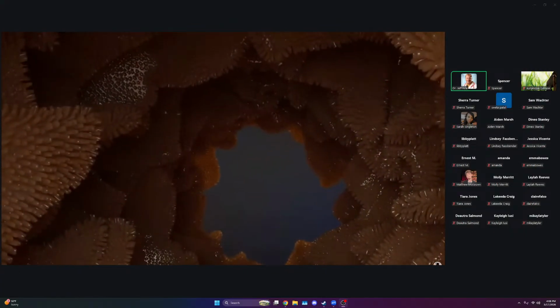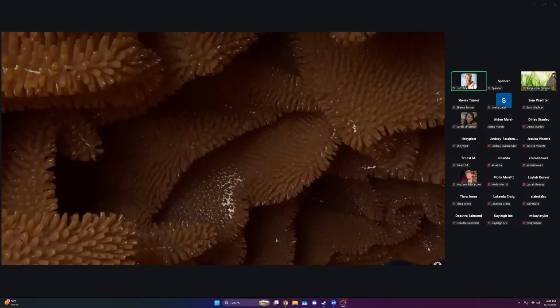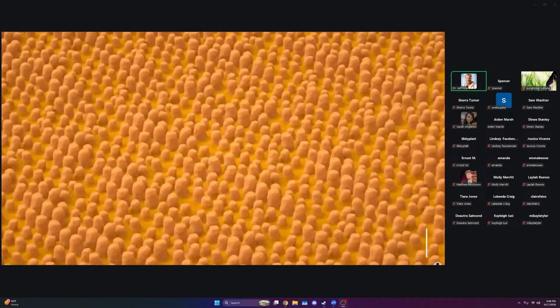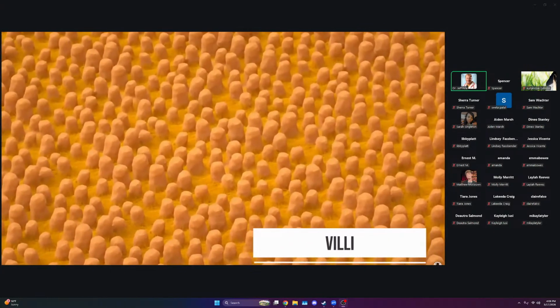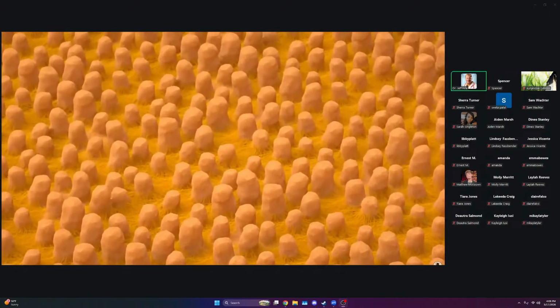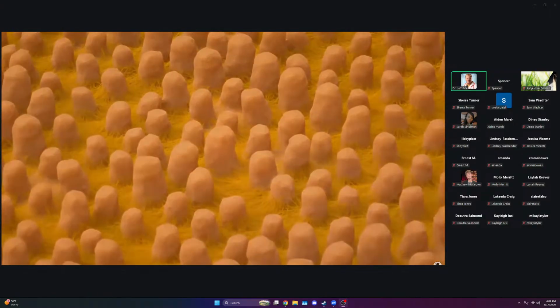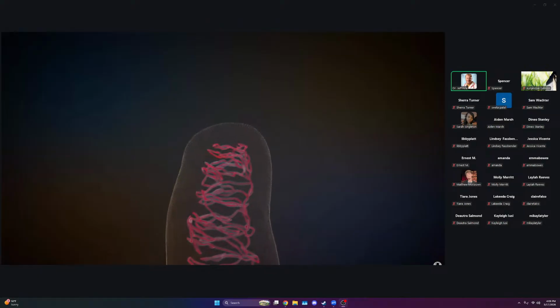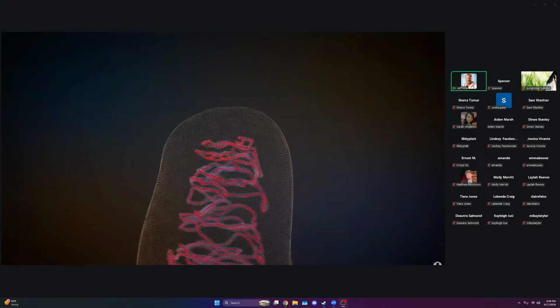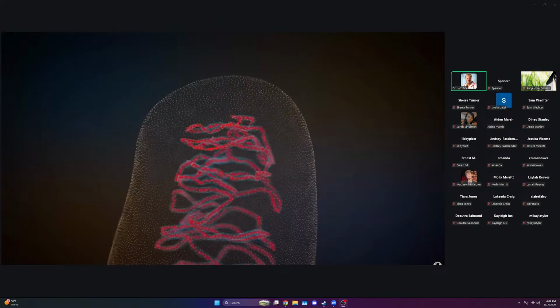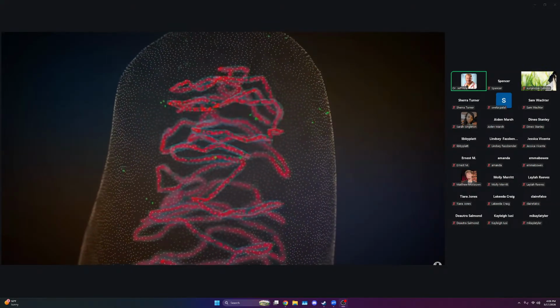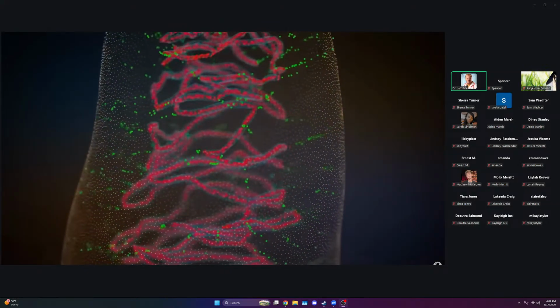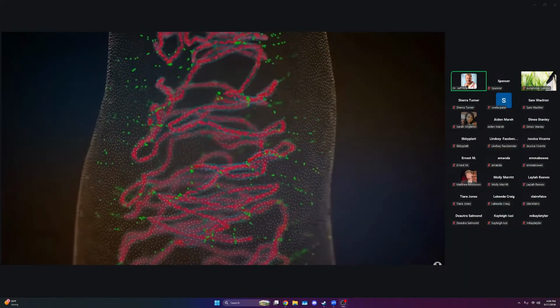Villi are about 1 millimeter long. Each villus contains blood capillaries and a lymphatic capillary called lacteal, which we will see later. The nutrients, marked green here, are absorbed by the villus and transferred to the blood capillaries.